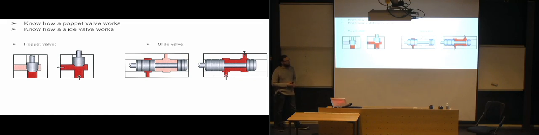They also have the disadvantage of not being able to have complex designs within them. They are a very simple design, and if you need complex functions in them, you need to use several poppet valves in combination. So you need to combine a lot of poppet valves in order to get a very complex function from it.